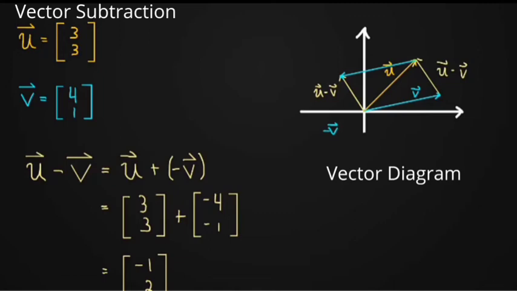We locate the point 4 on the x-axis and 1 on the y-axis and draw the vector v. Vector u and negative v is in northwest direction, and that gives the resultant of vector u and negative vector v, which makes the third side of the vector diagram.